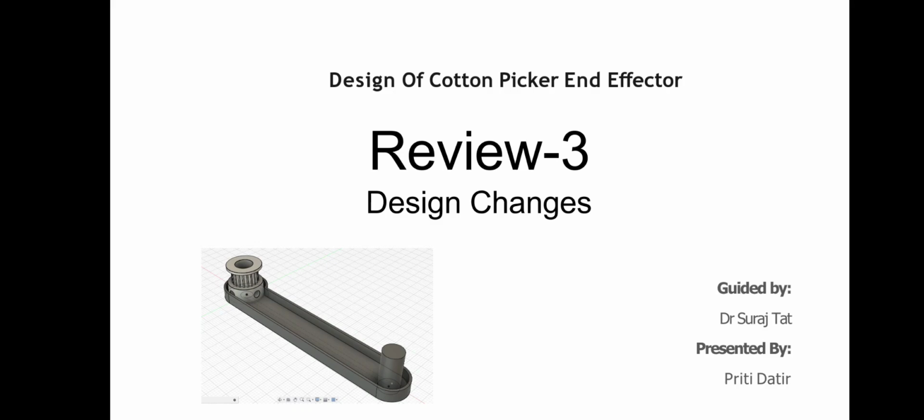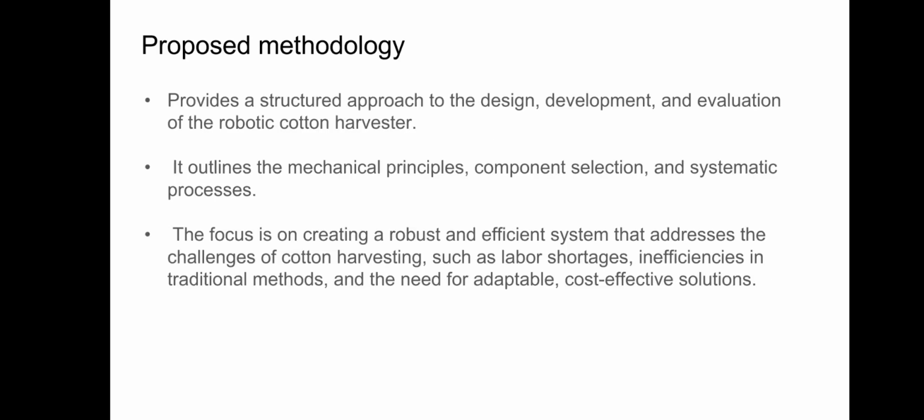Good morning, sir. This is our third review of the project named Design of Cotton Picker and Effector. The proposed methodology provides a structured approach to the design, development and evaluation of a robotic cotton harvester.